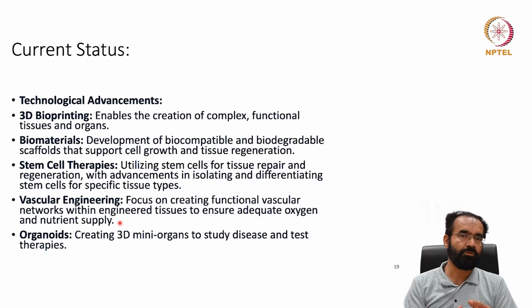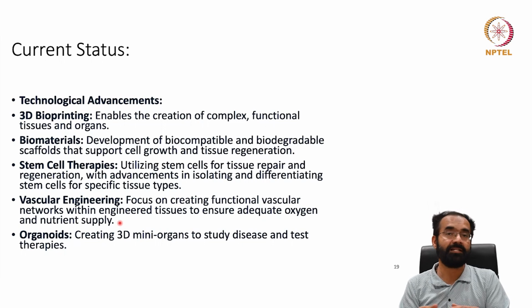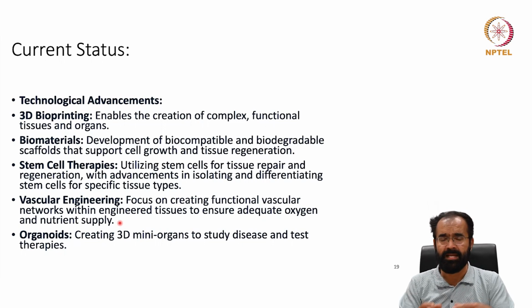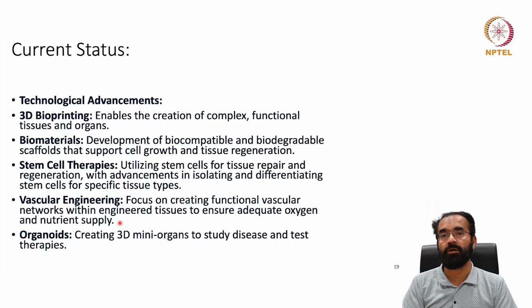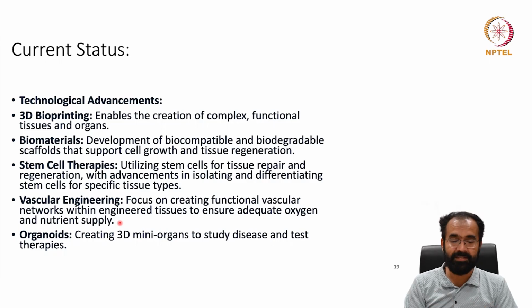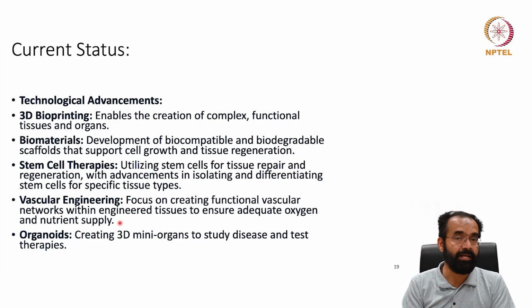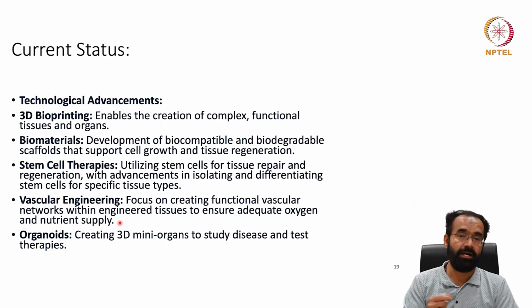Because the vascular nature of individual tissues varies drastically. The vascular nature you have in your liver doesn't mean that you have the same in your kidney. Depending upon the organ you are talking about, it will have a different vasculature. So understanding the vasculature in detail is needed for proper vascular engineering in the tissue engineering field.